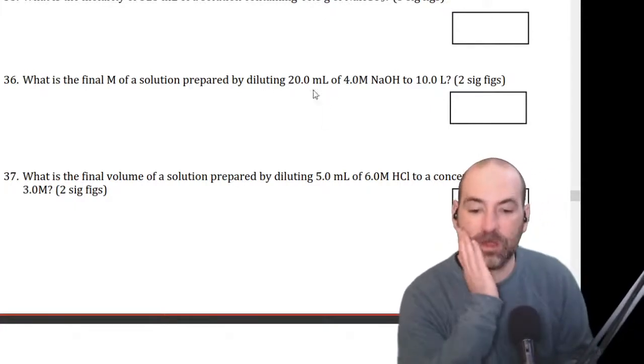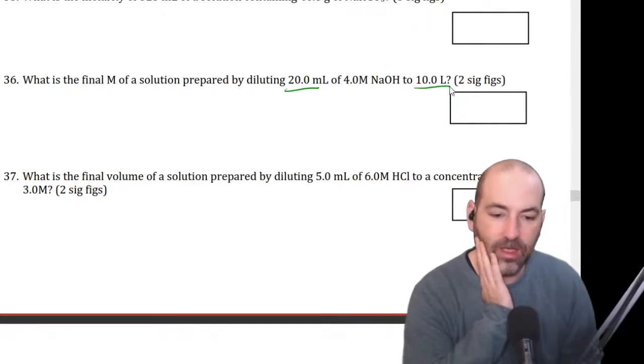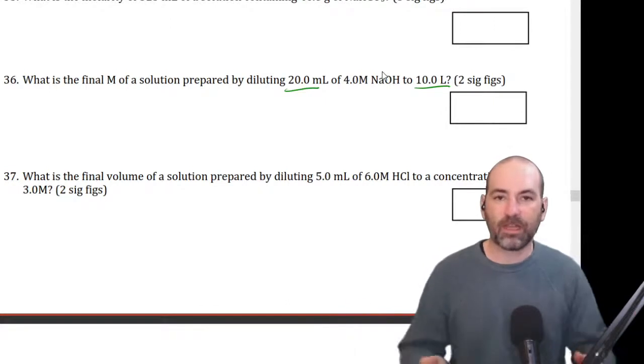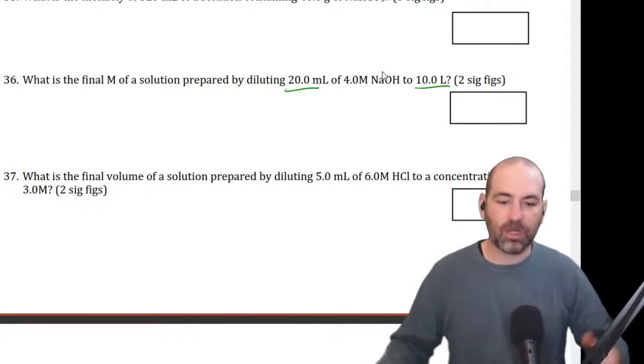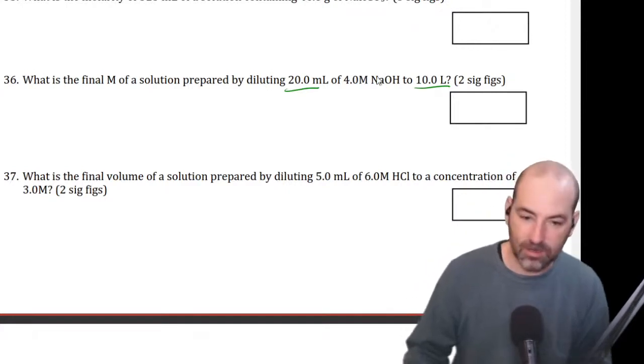In this case, we don't have that because we've got 20 milliliters of our stock solution and then 10 liters of our final solution. So if we just plug that directly into the equation with 20 and 10, we're going to get the wrong answer because one of them's in milliliters and the other one's in liters.